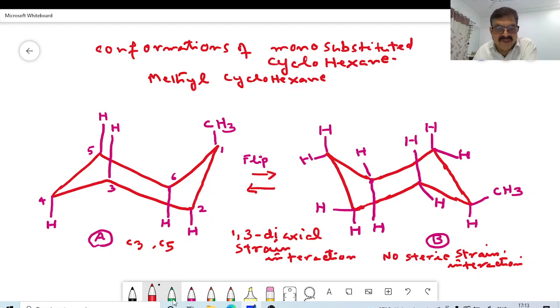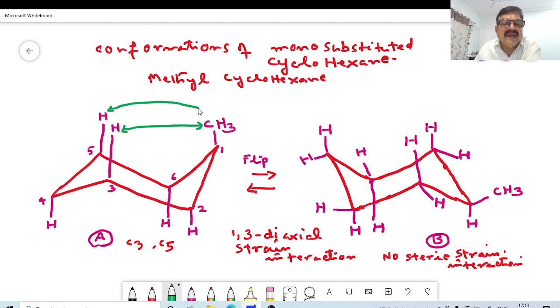How will that interaction be there? This C3 hydrogen and this methyl group, there can be an interaction like this. And this C5 hydrogen and this methyl group. So this is called 1,3 diaxial steric strain interaction, or simply 1,3 diaxial strain interaction in conformation A.